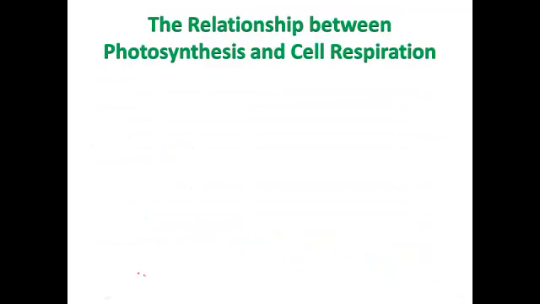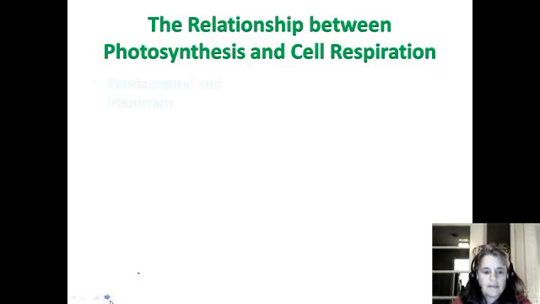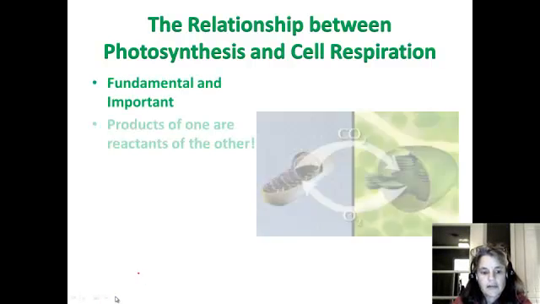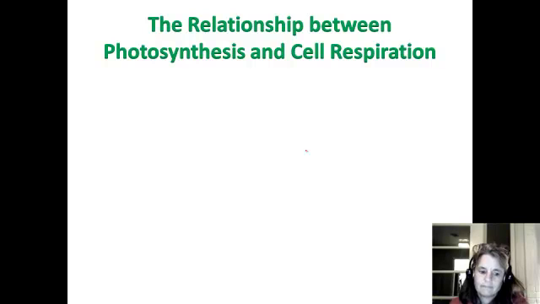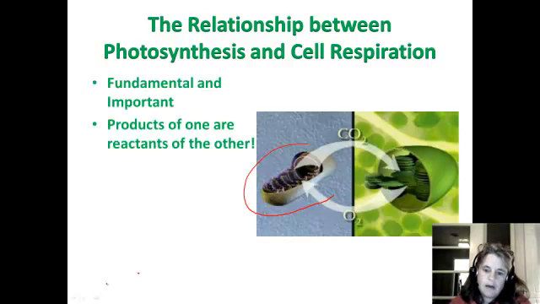Okay, so fundamentally then, this relationship between cell respiration and photosynthesis is really fundamental and really important. The products of one process are the reactants in the other. The byproducts of this process, the CO2, is used here, the glucose and the oxygen are used back there as part of cell respiration.